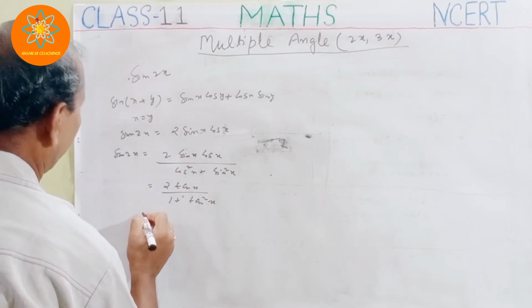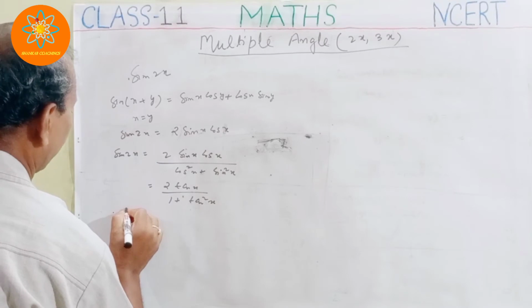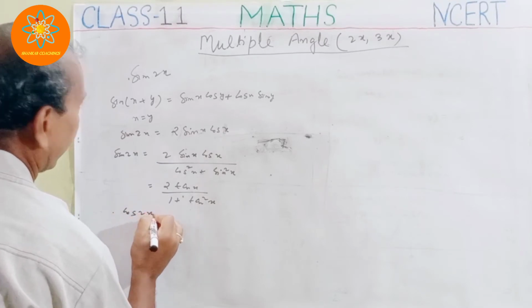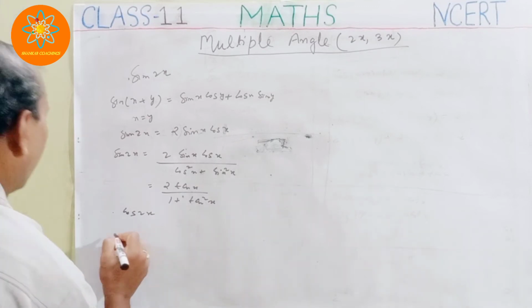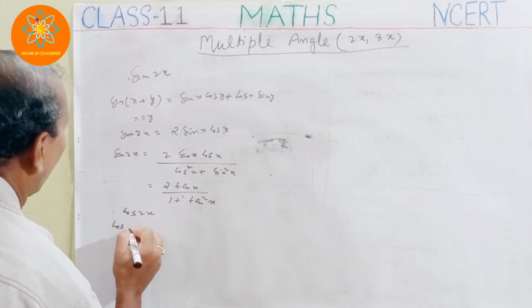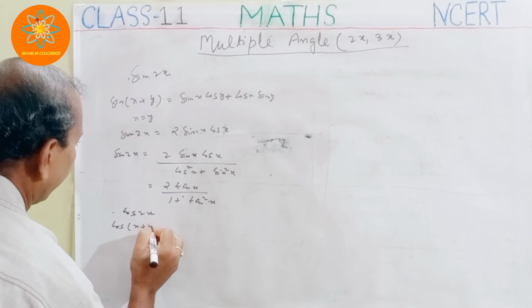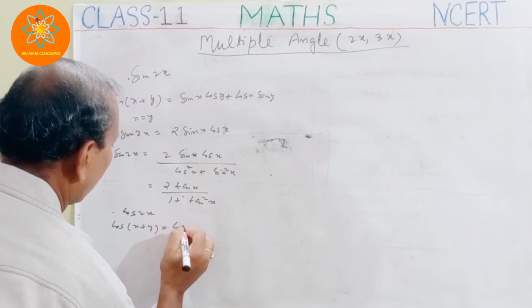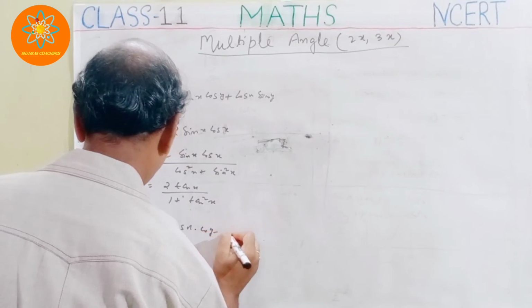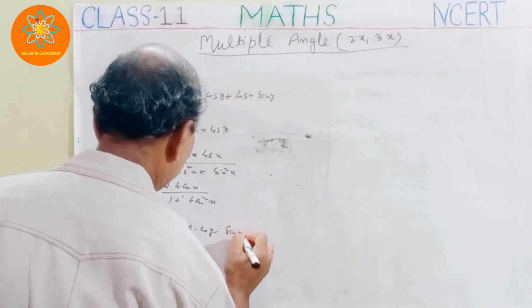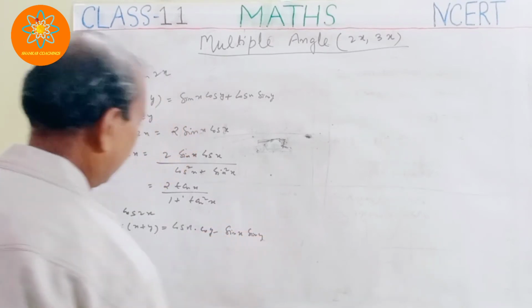Now come to the cos of 2x. I know that cos of x plus y is equal to cos x cos y minus sin x sin y.